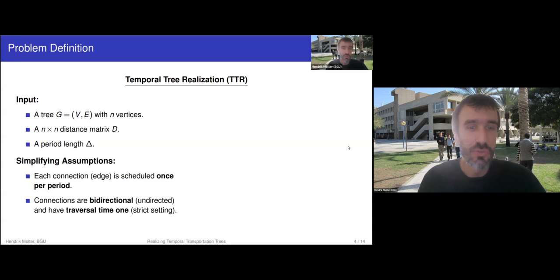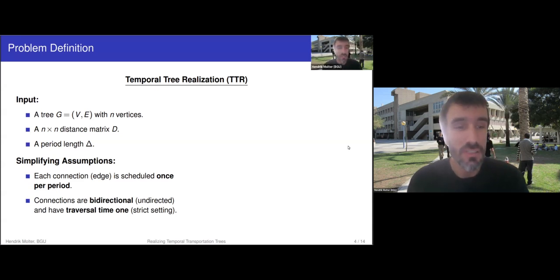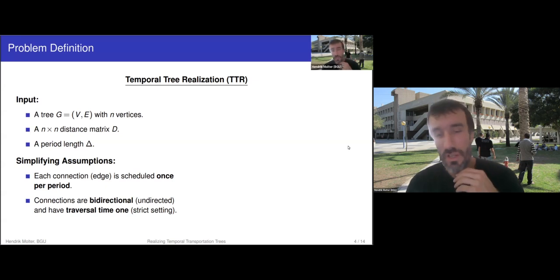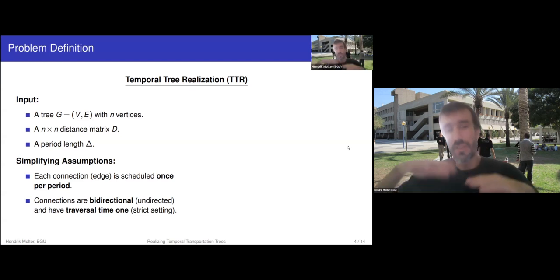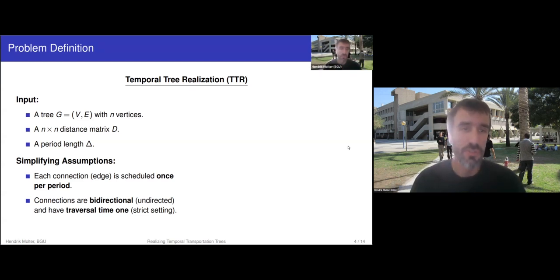And also we assume that the connections are bidirectional or undirected, and that the traversal time is 1, which corresponds to the strict setting, where we want that paths, or temporal paths, use strictly increasing time labels.